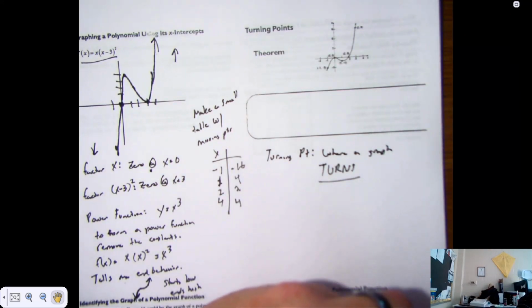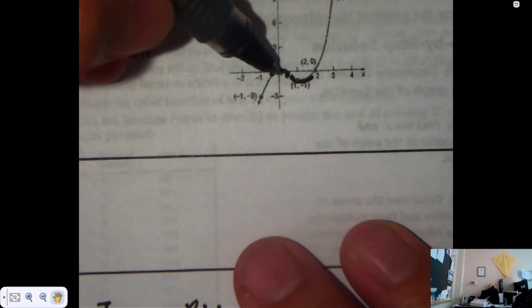Mathematical definition is where f of x goes from increasing to decreasing or from decreasing to increasing. Now this little graph we have in front of us has 2 turning points. One there, one there. Because it's literally turning. Call that TP1. We'll call that TP2.